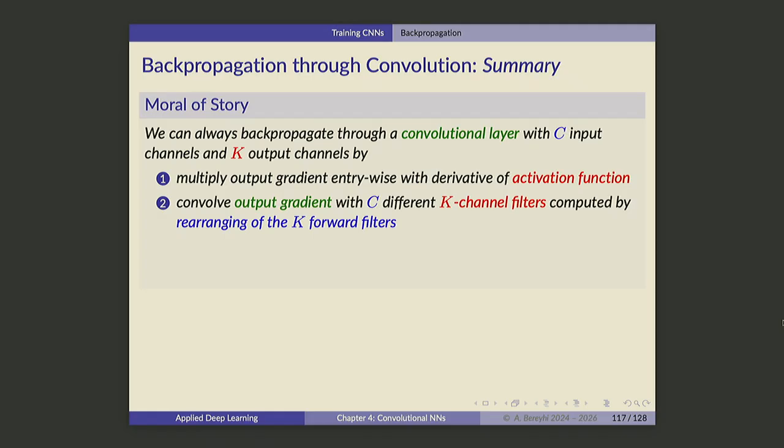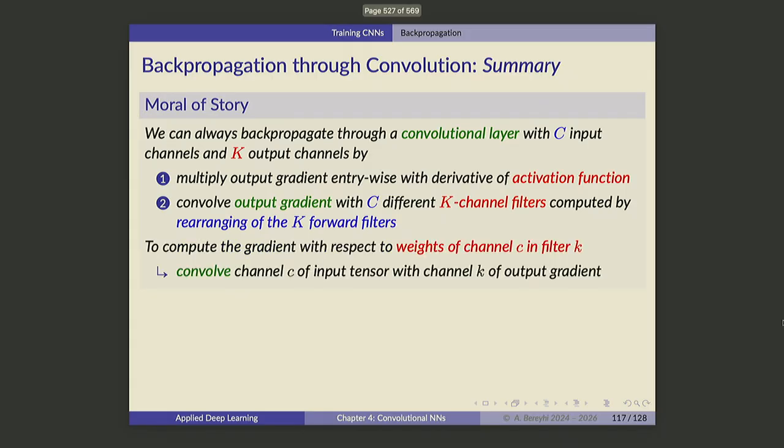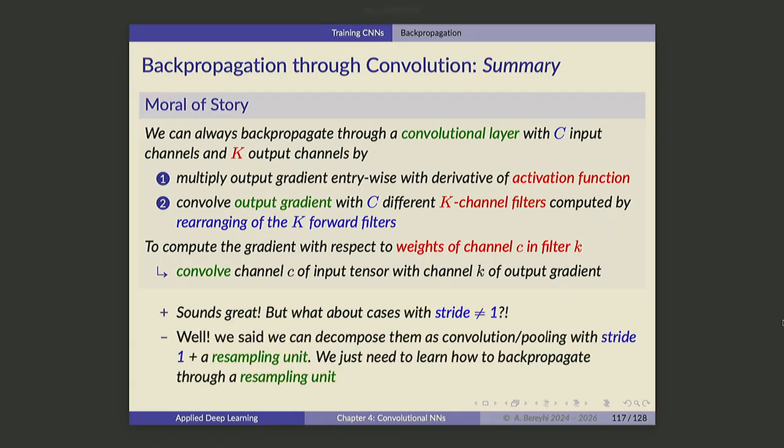It's an entry-wise operation again, and after that you do a multi-channel convolution to compute the backward pass. And this is basically what I explained there. So you can resort your filters in a way to build the filter that you want to be able to just do the convolution with the output, right?